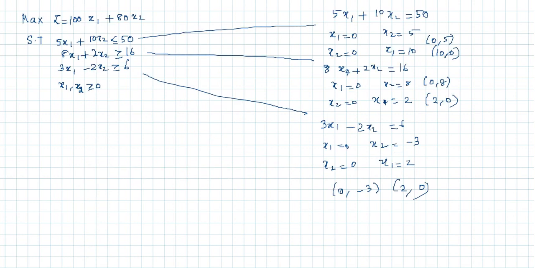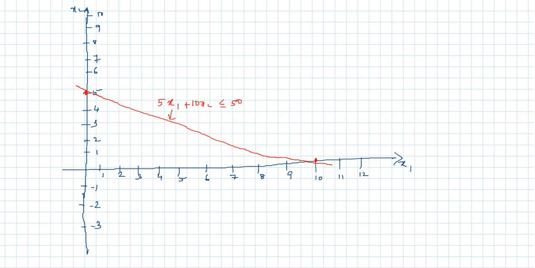For the second constraint, the points are 0 comma 8 and 2 comma 0. This line is for 8x1 plus 2x2 greater than or equal to 16.